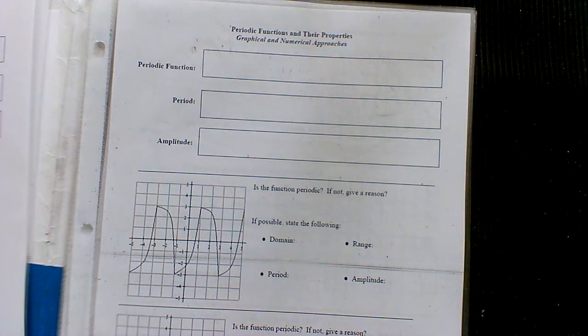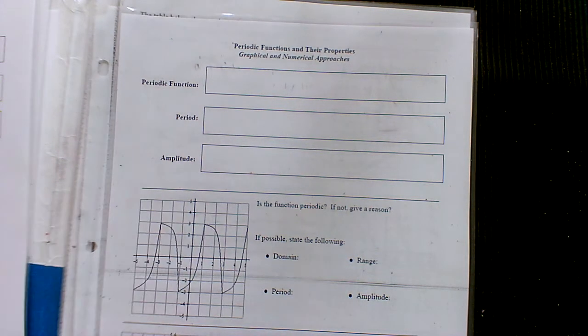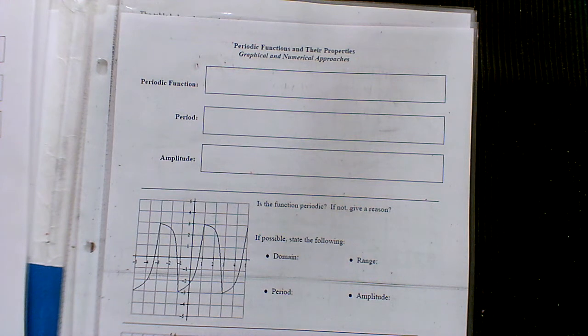Some of us are probably going to be very happy about that. But we're going to be bringing it back later this week. What we're going to talk about are periodic functions. Not sure if you've heard of that phrase or term before, but when it comes time to graph trig functions, they're classified as periodic. If you've heard that phrase before, can someone tell us what they think it might mean?